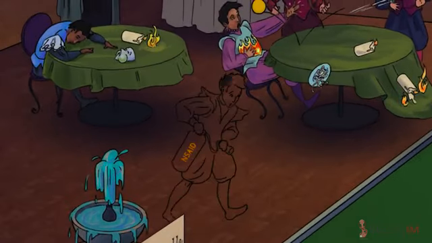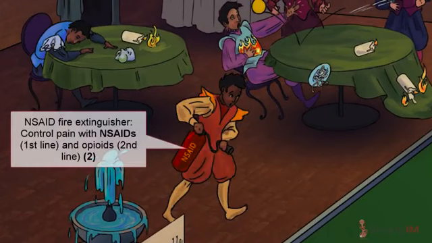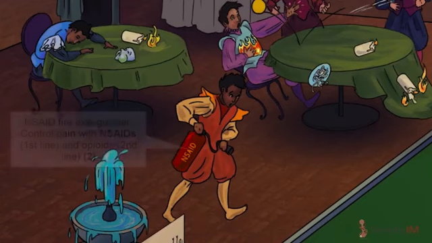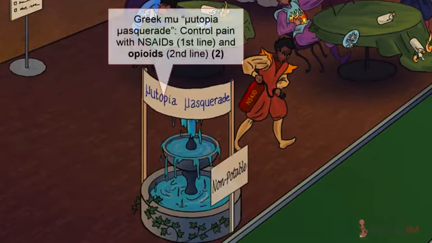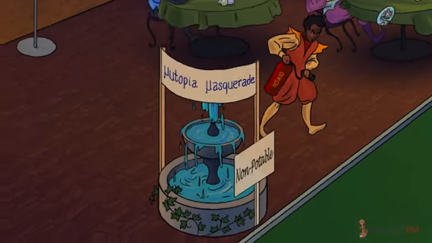NSAIDs are a good first measure for pain control as long as there's no contraindications, such as peptic ulcer disease or significant renal impairment. But the majority of patients with acute cholecystitis will require parenteral opioids to get pain under control. To help you remember both, recall this NSAID fire extinguisher and Mutopia masquerade sign.